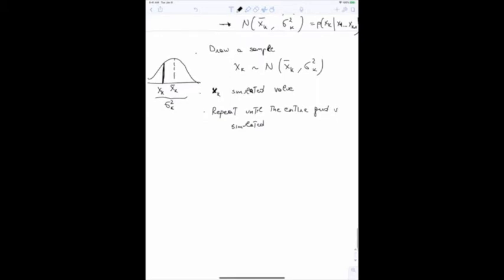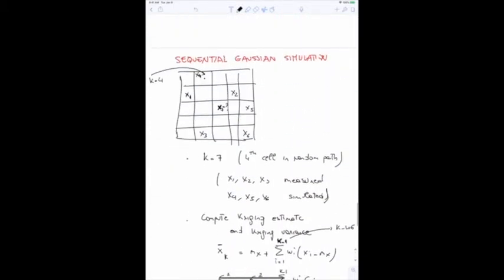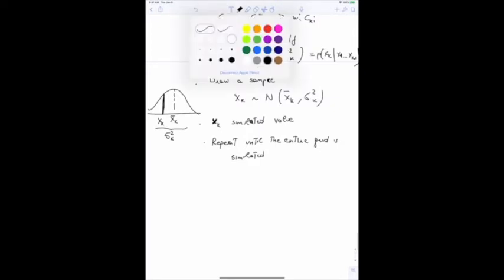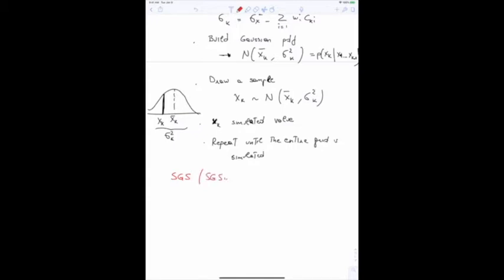Now, what happens is that this method is used to generate multiple realizations. The acronym is SGS, or sometimes SGSIM, and it is used to generate multiple realizations.